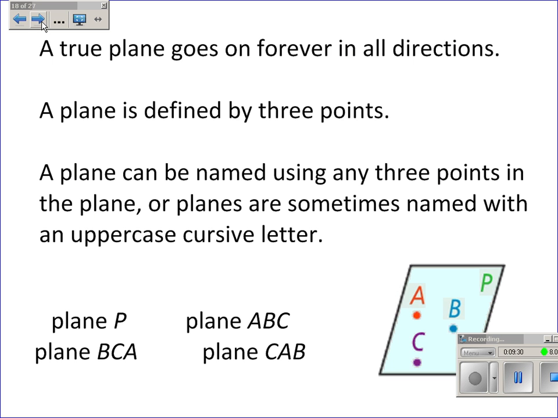With computers, it's hard to write an uppercase cursive letter, but by hand it's easier, and that's how we give a plane a name. So plane P is the name. So either use that one letter name, or use 3 points in the plane.